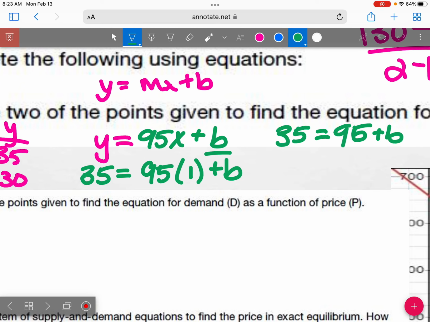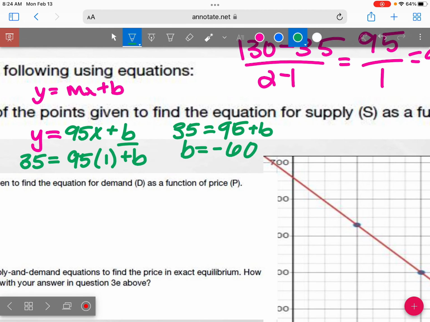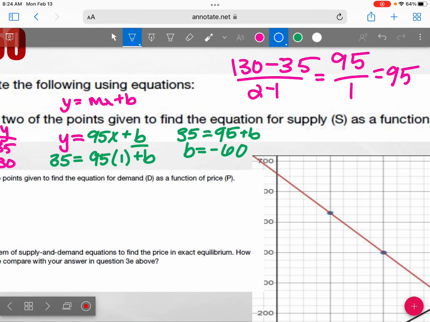How do we get b by itself? We isolate the variable. Subtract 95. What do you get? Negative 60. So what's our y-intercept? Negative 60. So if I write this out over here as our new equation, we get y equals what?